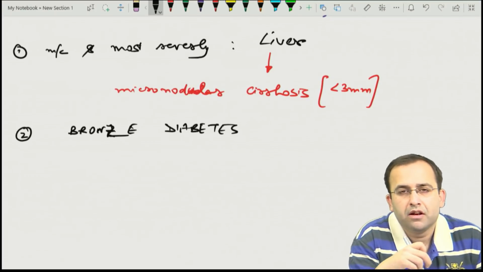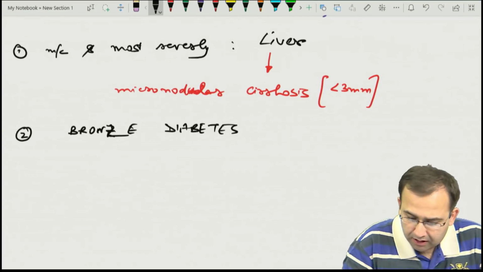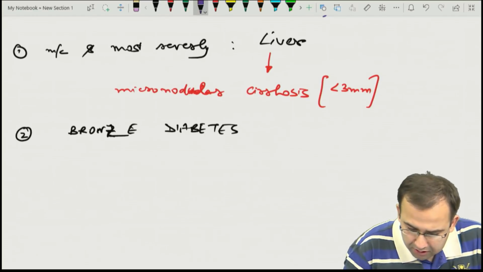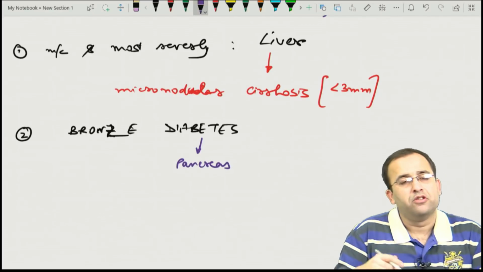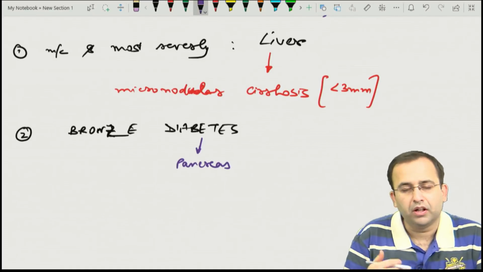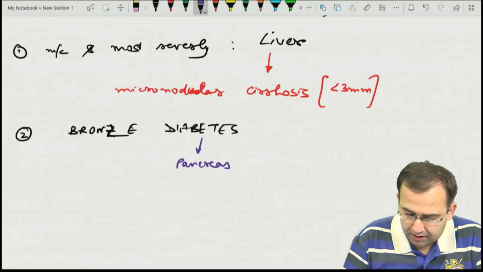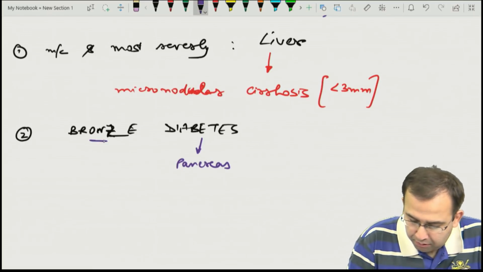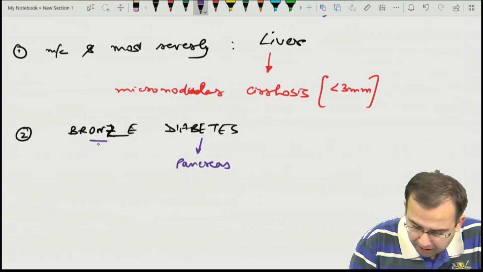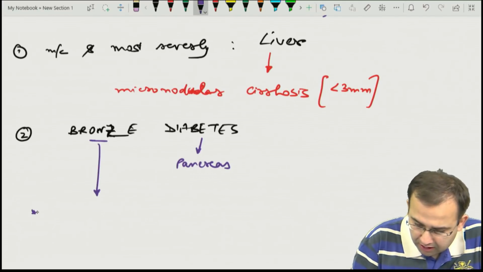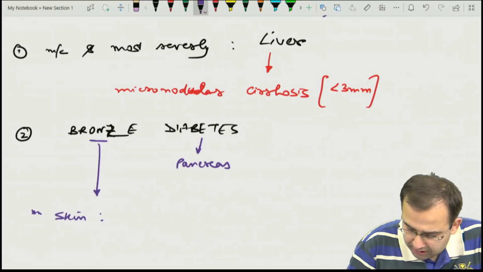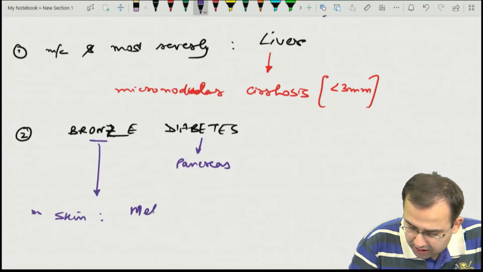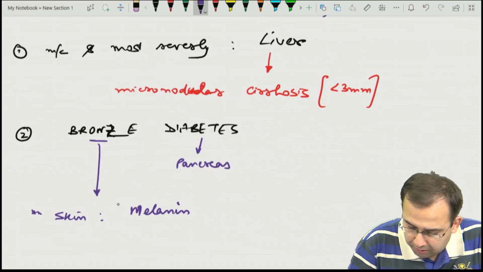Bronze diabetes. First point, why is diabetes occurring? Diabetes is occurring because of deposition of iron in the pancreas, so the effective output of insulin reduces. Why bronze? Because which pigment is getting deposited in the skin? Put a double star on this. In the skin, it is associated with melanin deposition.